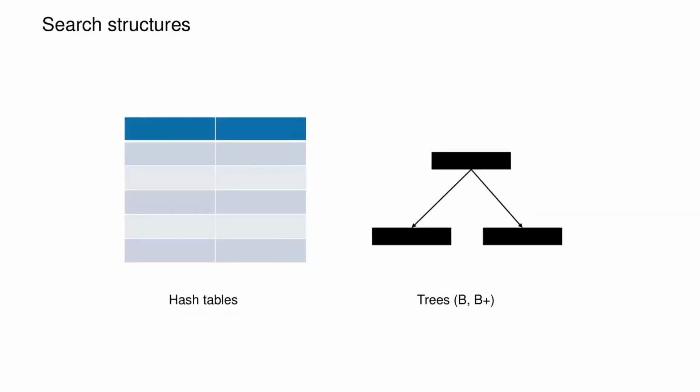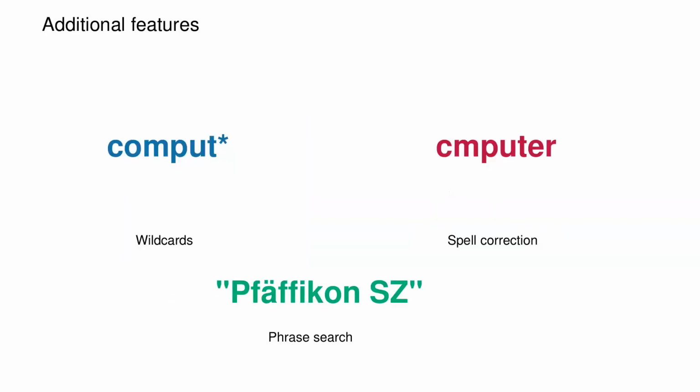The dictionary has an underlying data structure, which can be a hash table or a B+ tree. Hash tables are instant, B+ trees are logarithmic, but have the additional benefit that they can handle range queries, which is useful for wildcards, for example.